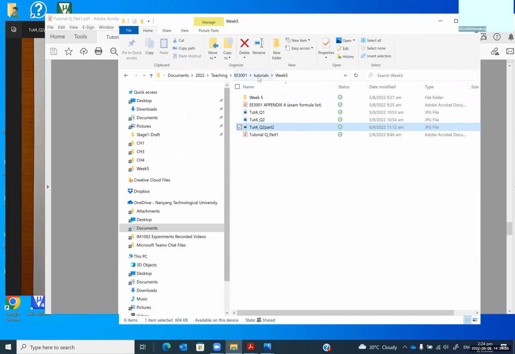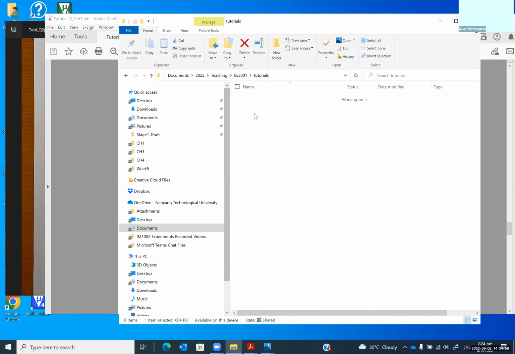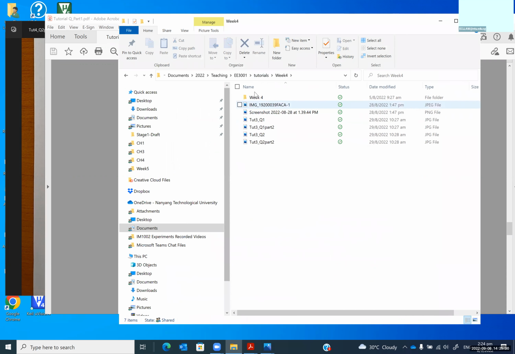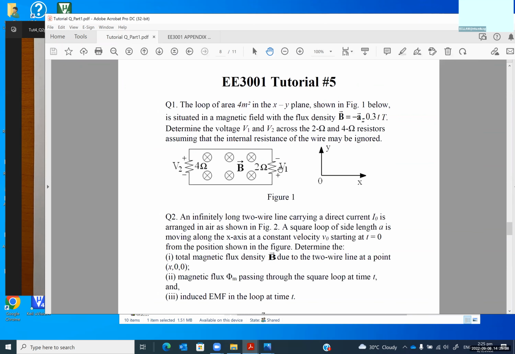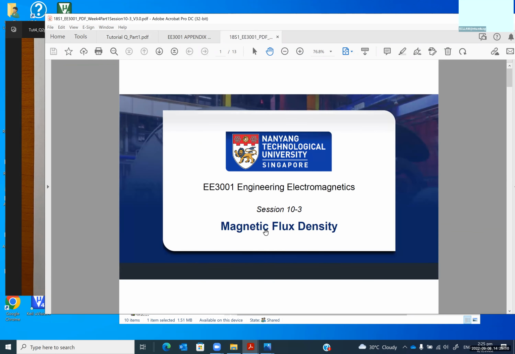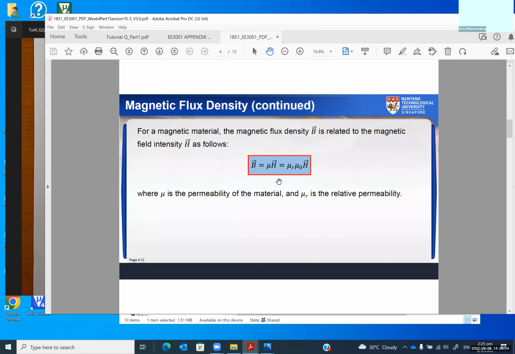I think the remaining sections are more parts of it. I think last week we did say that you only need the first two. So 10-3 from last week's lecture notes is actually magnetic flux density. It's given by this equation.